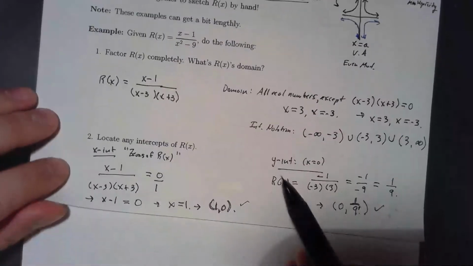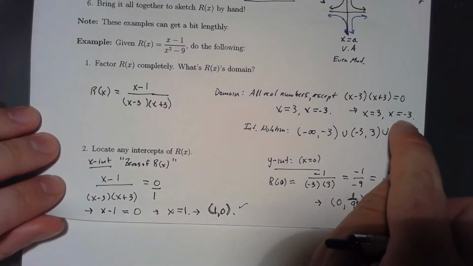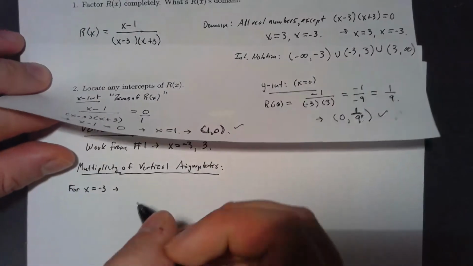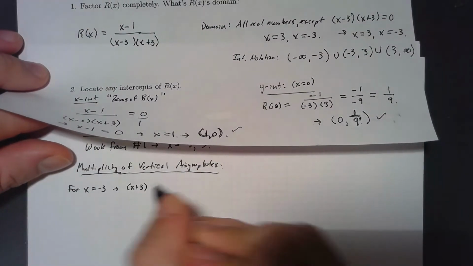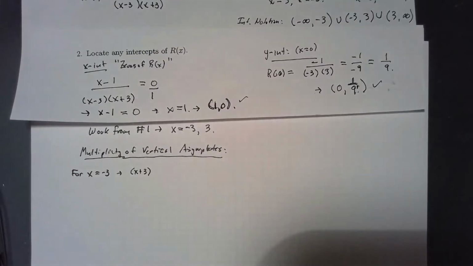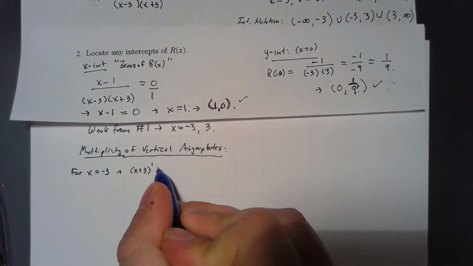That vertical asymptote comes from the factor x plus 3, and the power of that factor is 1.